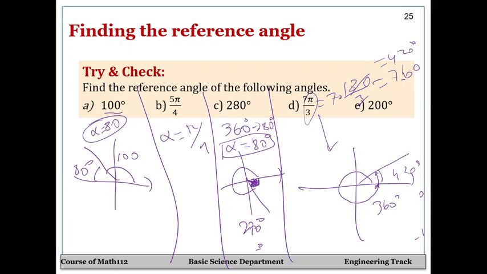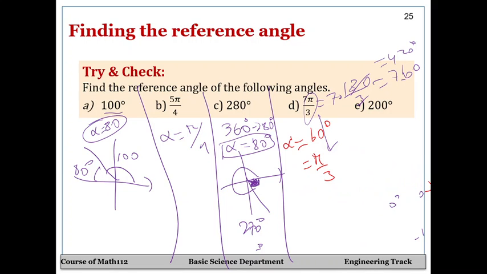What is this angle, the acute angle between the terminal side and the x-axis? It's 60 degrees. So the reference angle here will be 60 degrees. In radians, it will be pi over 3.